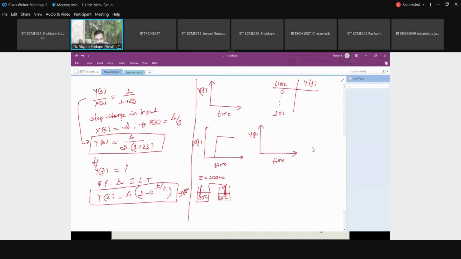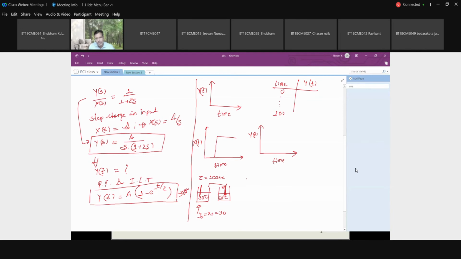Initially the temperature indicated by the mercury in the thermometer and the temperature of the liquid was 30, so we call it a steady state. But suddenly I am immersing the thermometer from the 30-degree bath into the 60-degree bath. This is what we call the magnitude of change.